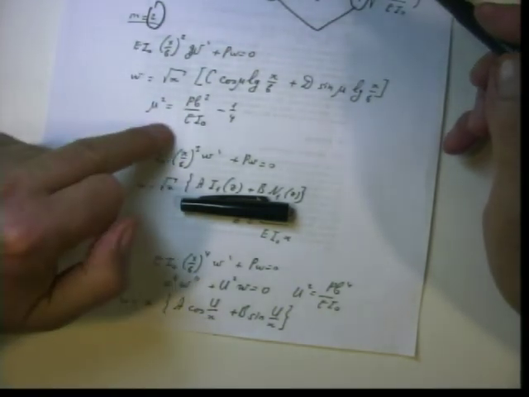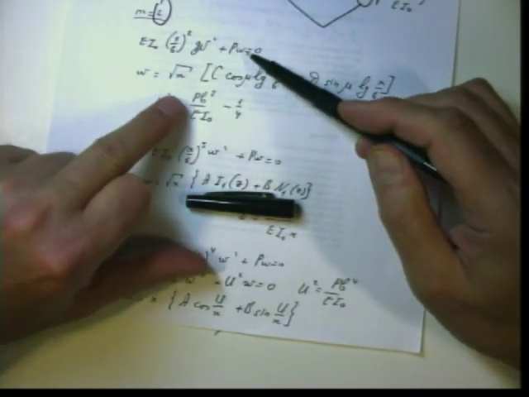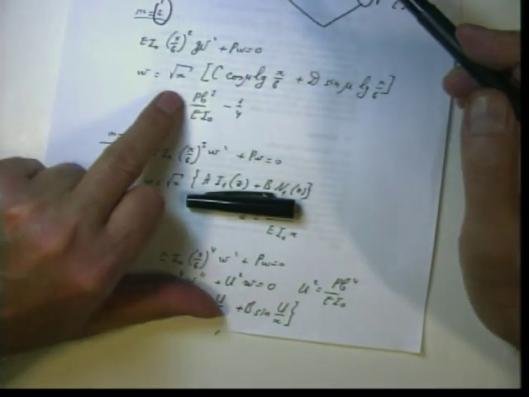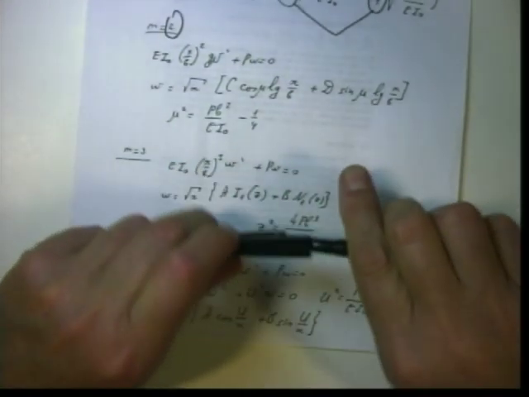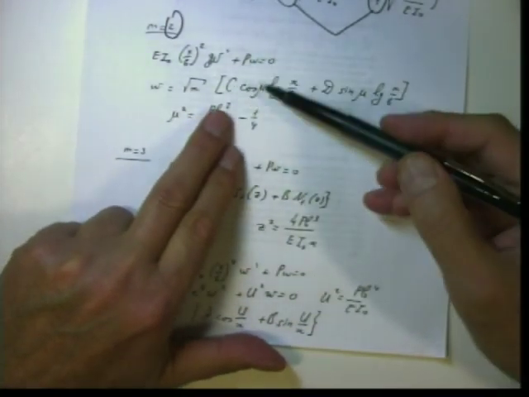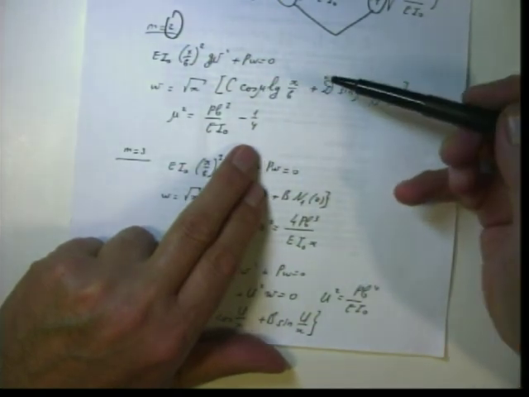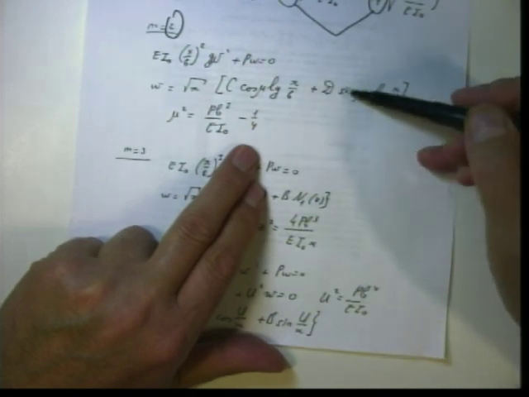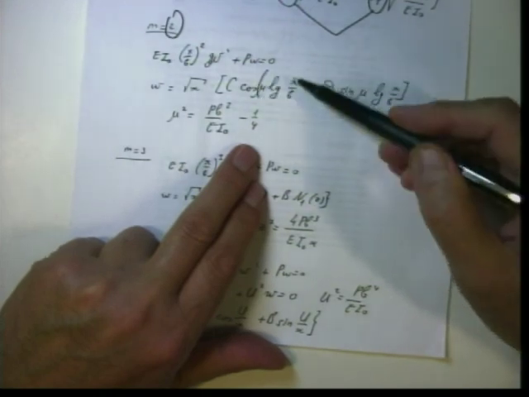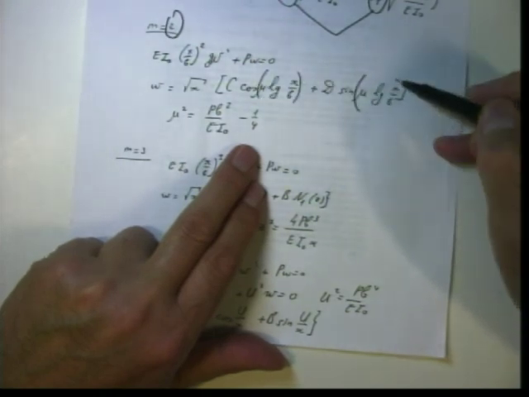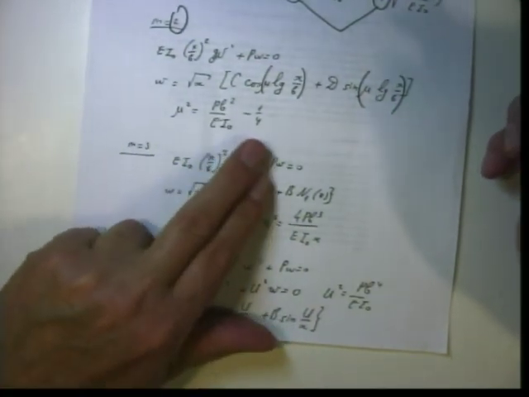But Euler's solution is this. EI0 x over b squared w second derivative plus pw equals 0. The solution is in terms of elementary functions. That is some constant C cosine mu logarithm x over b plus D sine mu logarithm x over b. Okay, so that is this type of expression. Mu square equals pb square over EI sub 0 minus 1/4.